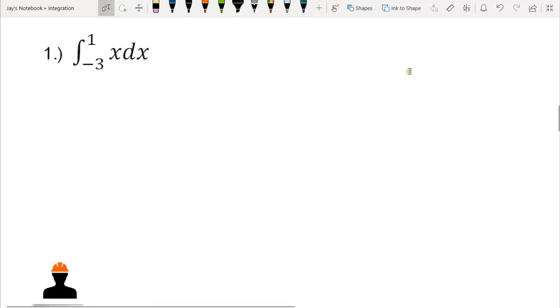Let's try to solve a basic example in definite integral. For example, we have the integration of x dx with the limit from -3 to 1. The first thing we do here is to compute the indefinite integral of x dx.